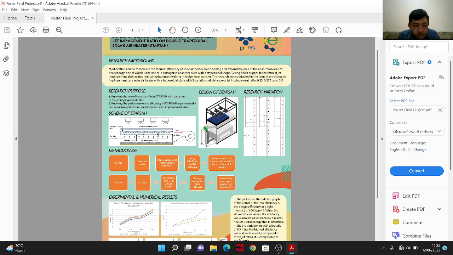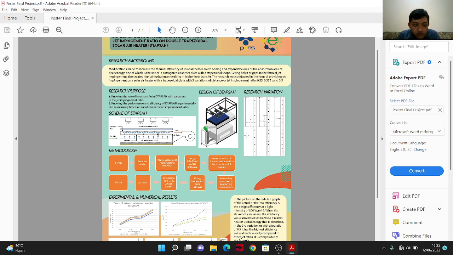And the methodology: the first step is literature study, and then planning, design, and configuration of DTAP-SAH, and then designing DTAP-SAH in CAD software. After that, there is determination of formulas and equations for the experimental study. After that, there is assembling DTAP-SAH and supporting components.